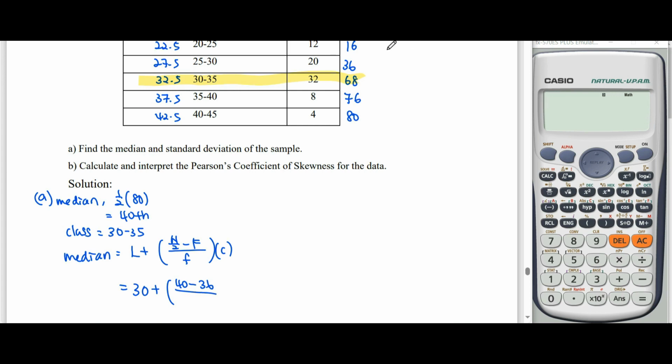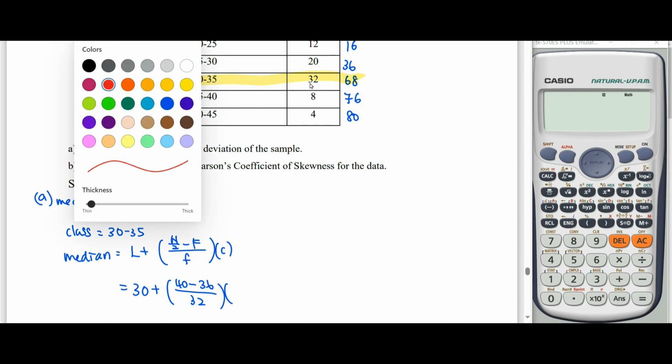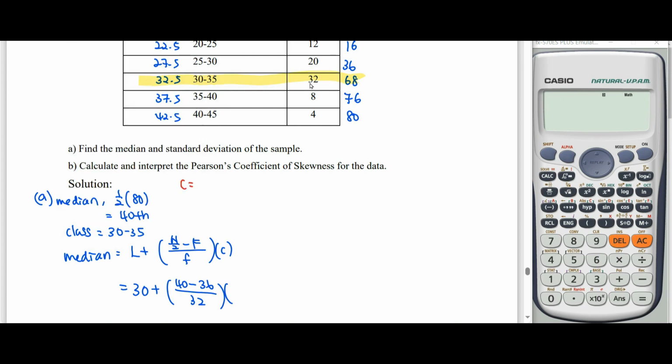Its own frequency, small f here, is 32. So for the size of the class, we need upper boundary minus lower boundary. Looking at this class interval, upper boundary 35, and the next class also starts at 35, so the upper boundary is 35. Meanwhile, the lower boundary is 30, the class before it also ends at 30, so the boundary falls at 30. So the size of the class will be 5.